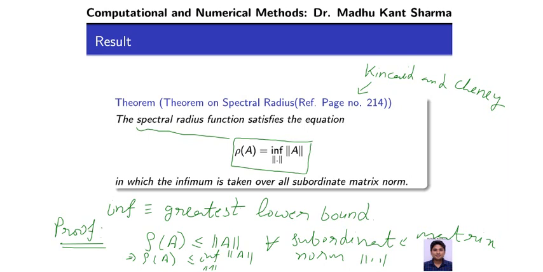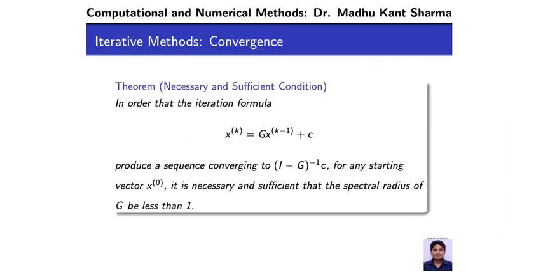Now, the iteration formula is xk equals g of xk minus 1 plus c. If you recall, what is the general iterative scheme?